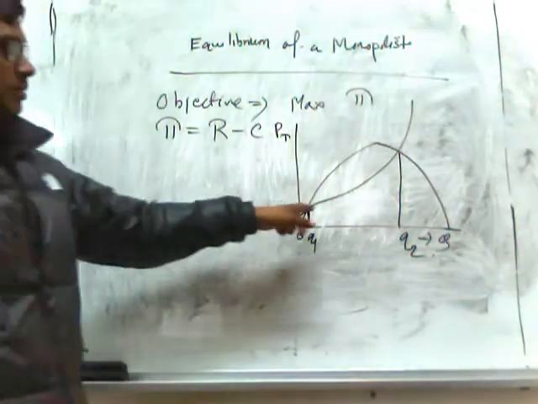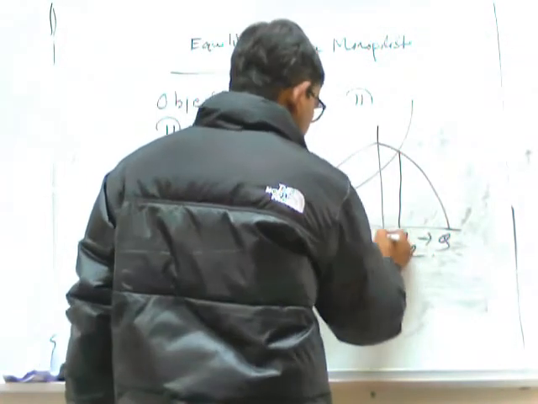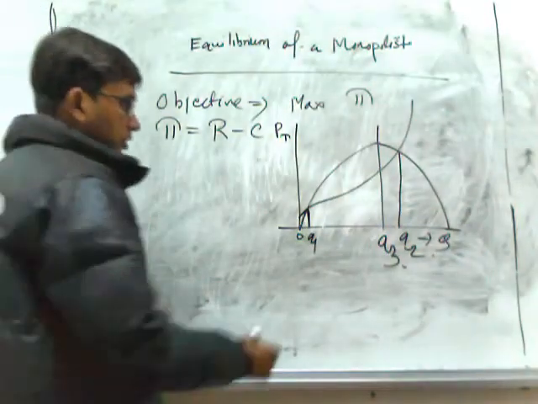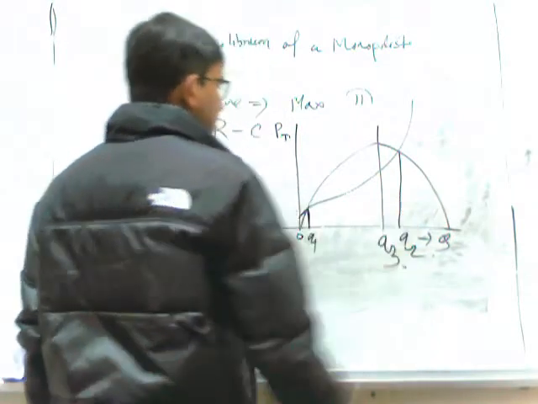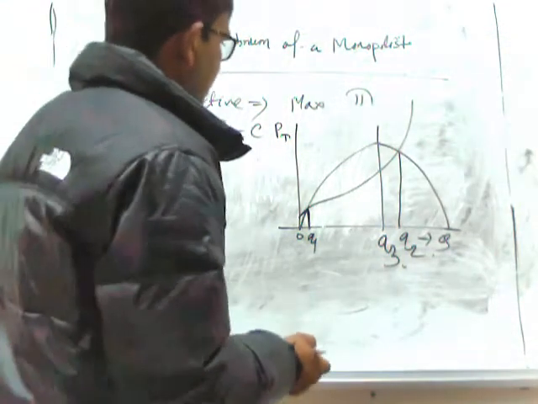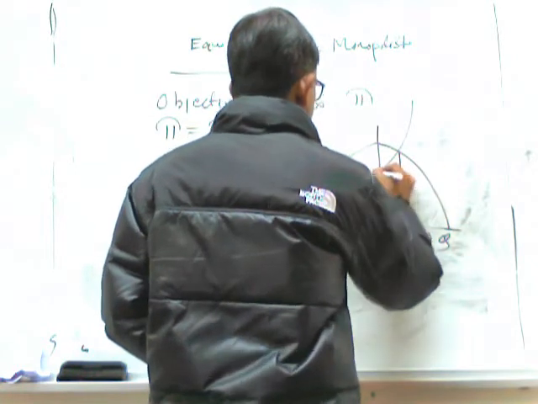So these two are the break-even points, but the monopolist will never produce output more than OQ3. So his output range will be Q1, Q3. So within this output range, he has to find out the level of output for which the profit is maximum.